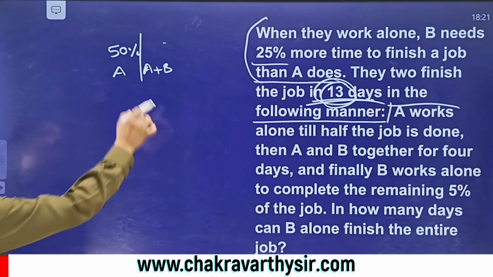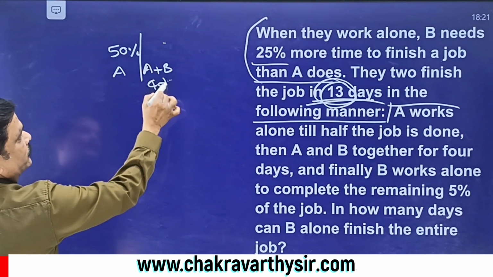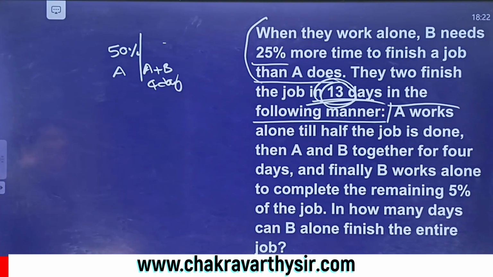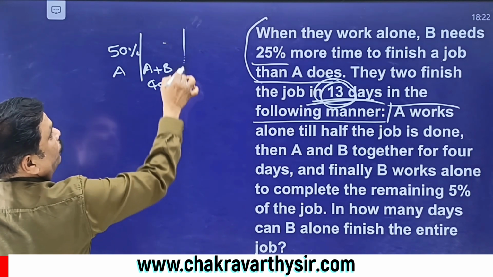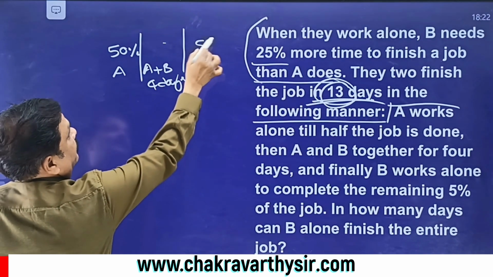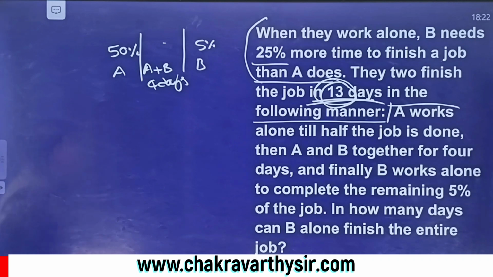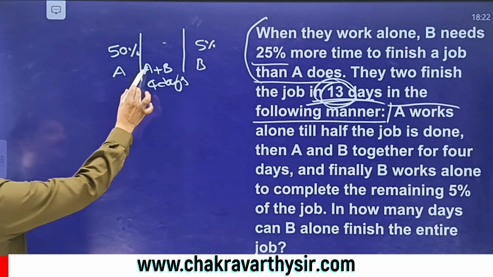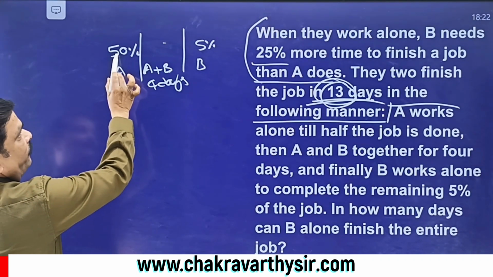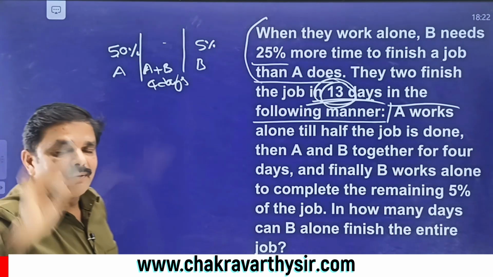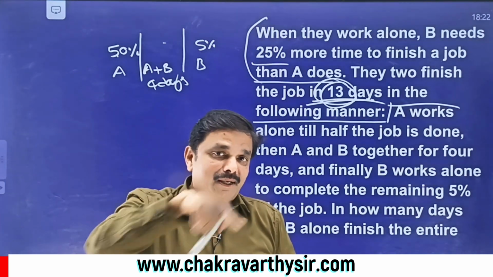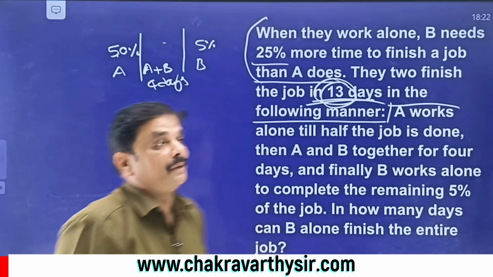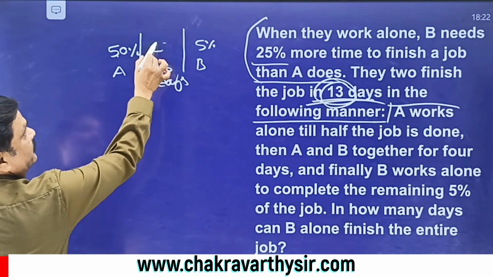How many days did they take? 4 days. Then after that, B alone finished the remaining 5% of the job. That means A and B together finished 50 plus 5, 55% of the work. Remaining is 100% minus 55%, which is 45%.